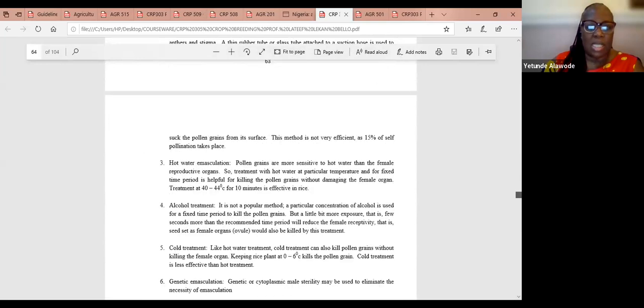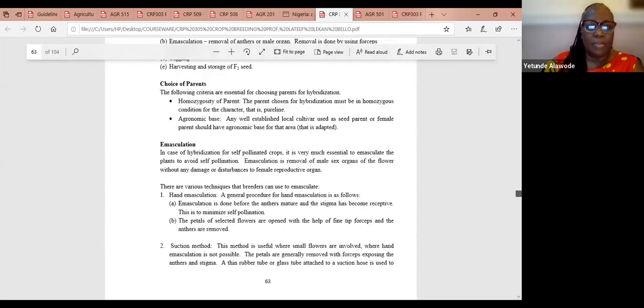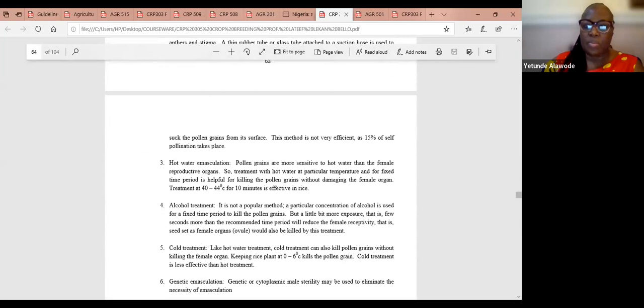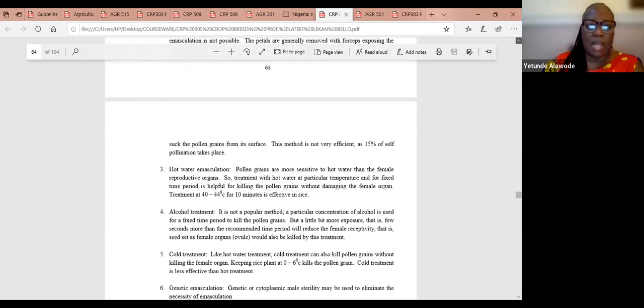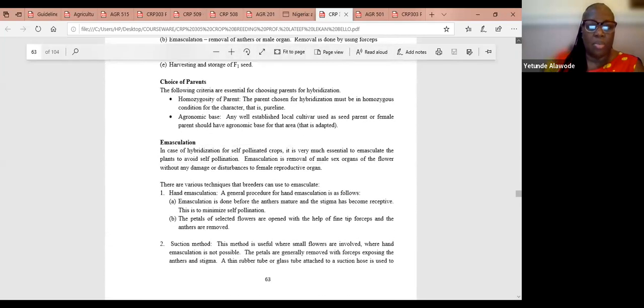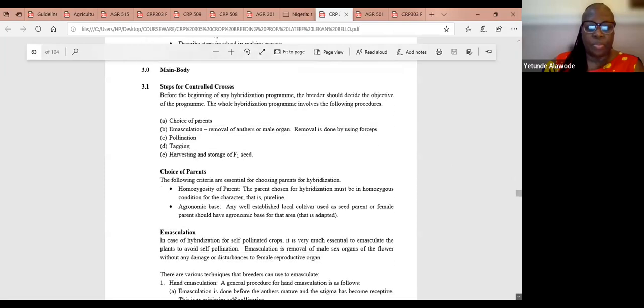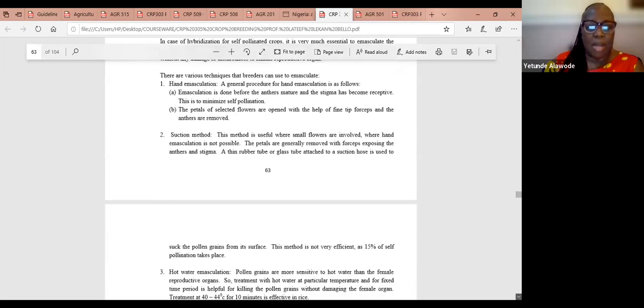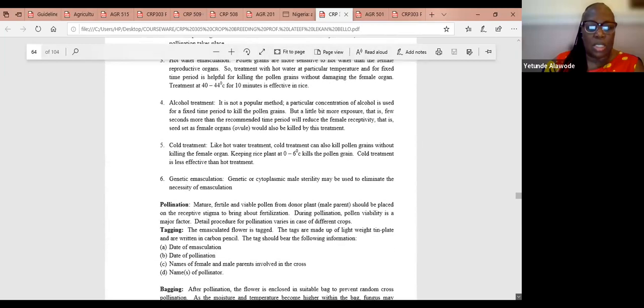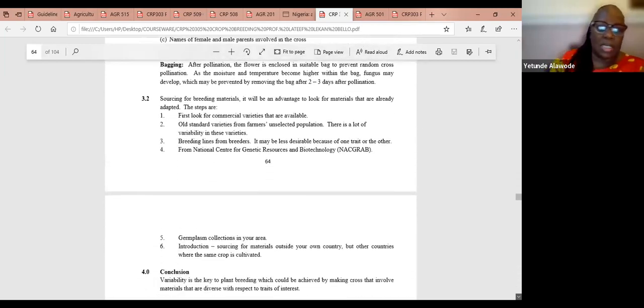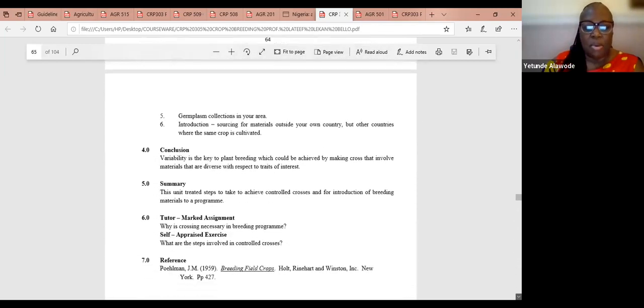So the steps that are involved in your breeding program: you have the choice of parents, emasculation, pollination, tagging, and harvesting. You should be able to say short things about it, and say things that are meaningful.